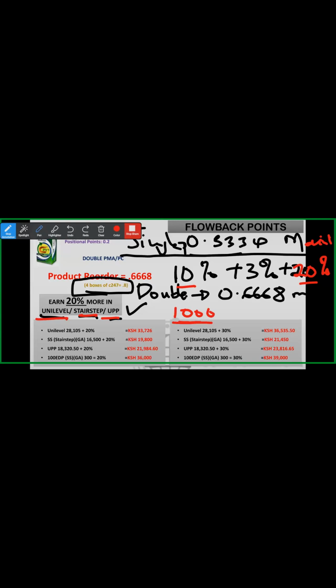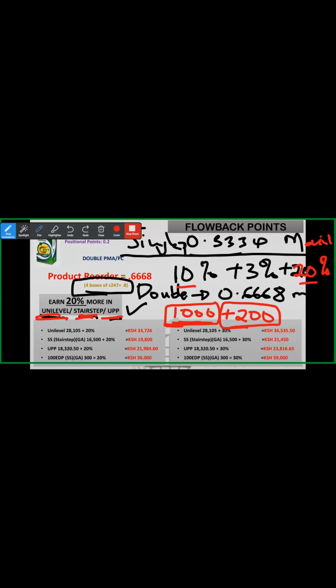So utapata 1000 plus an extra 200. This is what it means when you say an additional 20%, an additional 20% of whatever you are supposed to get. So kama ulikuwa upate 10,000, you will get an additional 2,000. That is now what we call double maintenance, when you earn 20% more on unilevel, stair step, and UPP.